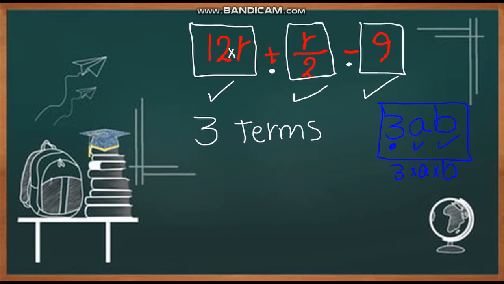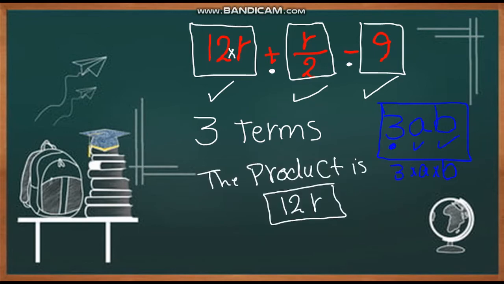So the product here is 12r. And which term of the expression is the quotient? Also think about it. The quotient is the answer of a division operation. So where is the division operation here in the terms? The division operation is in the second term. So the quotient is r out of 2.